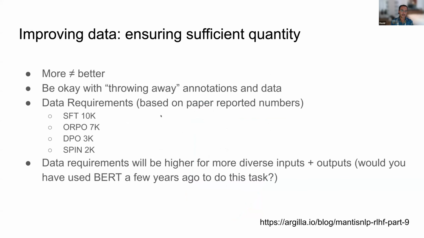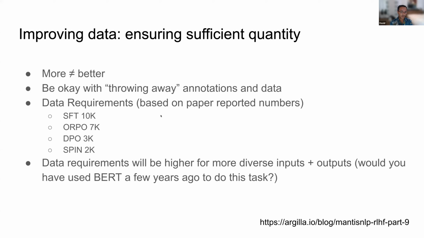So what you can think of for improving your dataset quality is that there's enough quality and enough quantity, but more isn't always better. It's also fine to throw away data that's very present within your dataset that you might be able to deduplicate, or also simply reduce the lesser quality examples within your dataset.